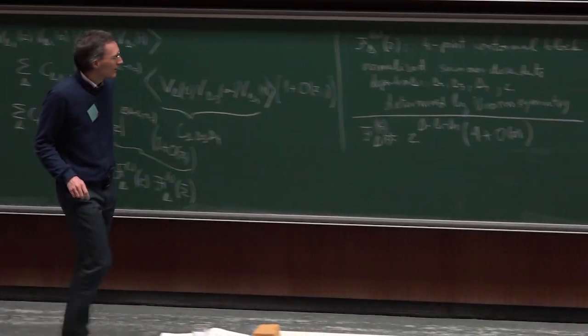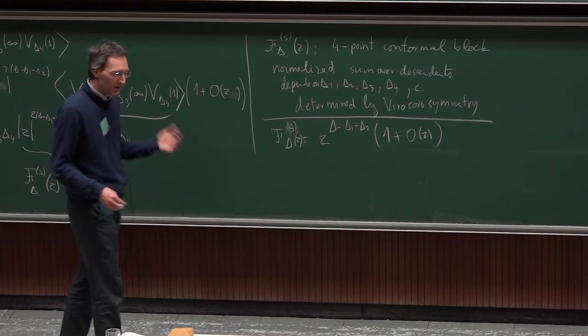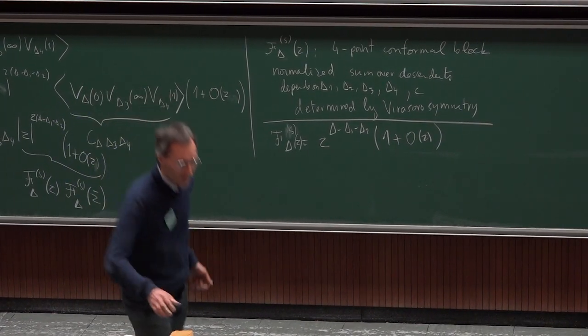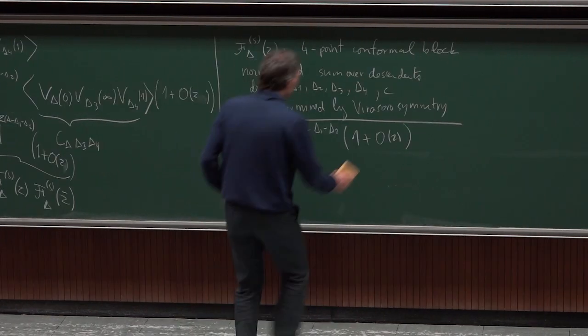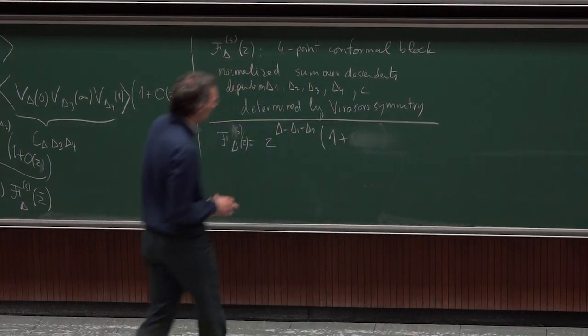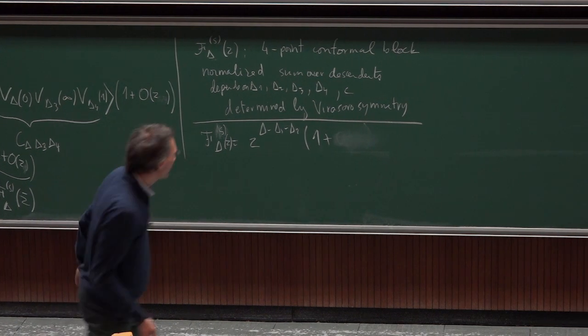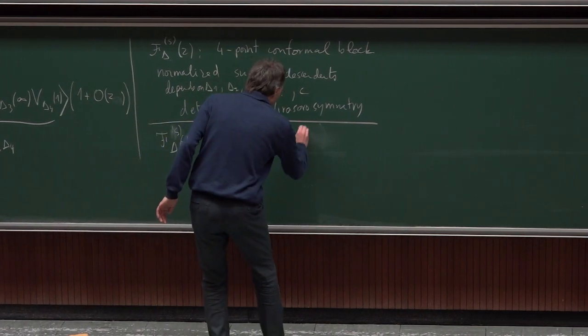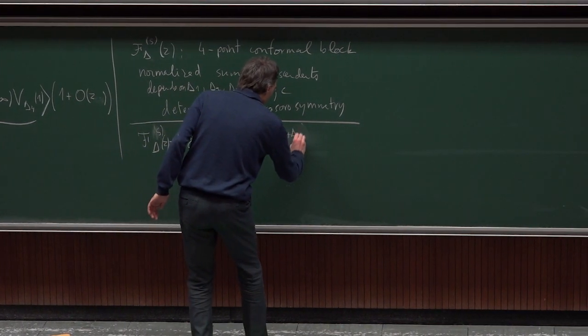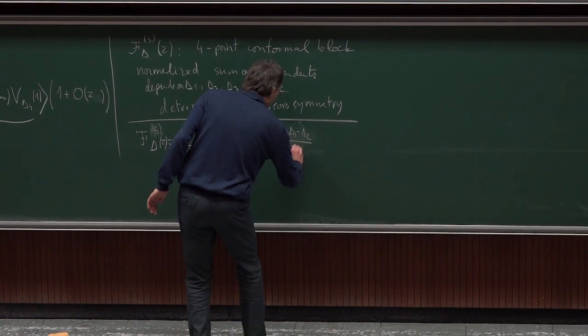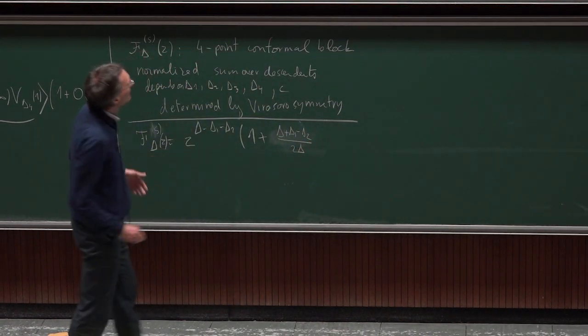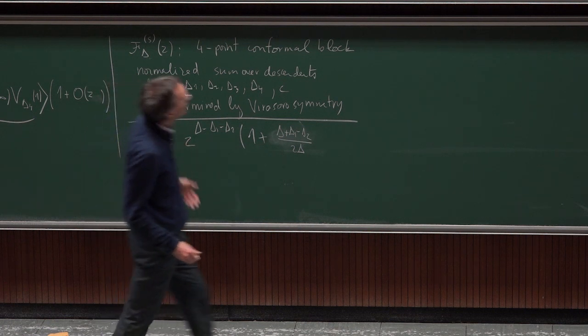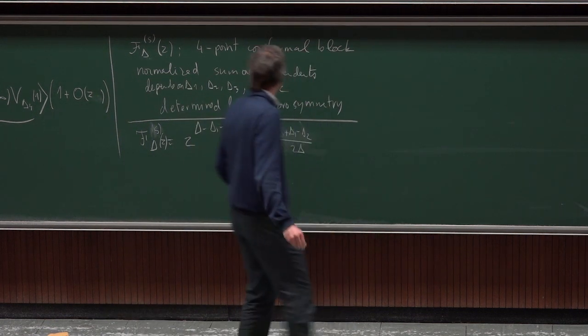Actually, let me give the first non-trivial term of this power series. It starts with delta plus delta 1 minus delta 2 over 2 delta, just because when you did the operator product expansion, that was the coefficient of the first correction.